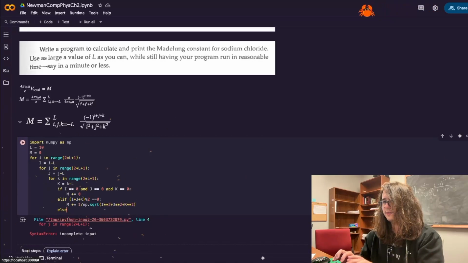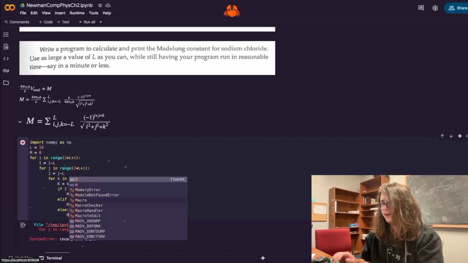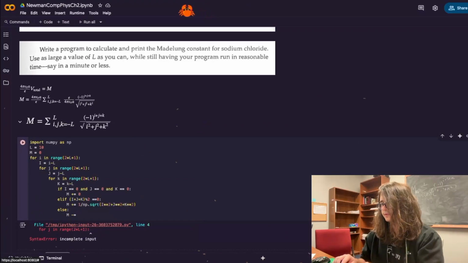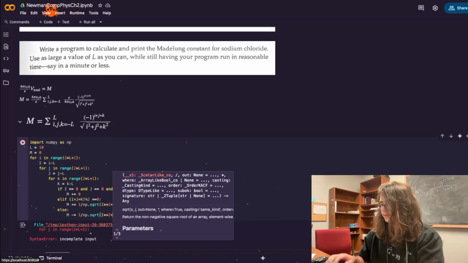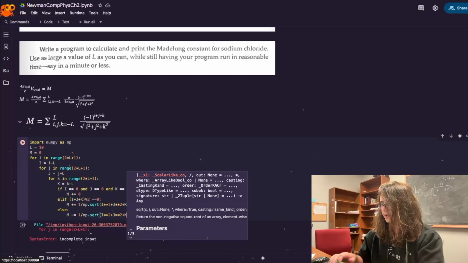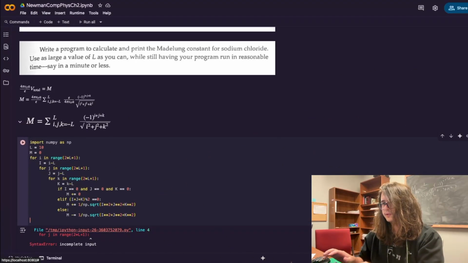Finally, if the sum of I plus J plus K gives an odd number, we'll have it do m minus equals 1 over the square root of I squared plus J squared plus K squared. And then we'll have it print out the Madelung constant after everything.